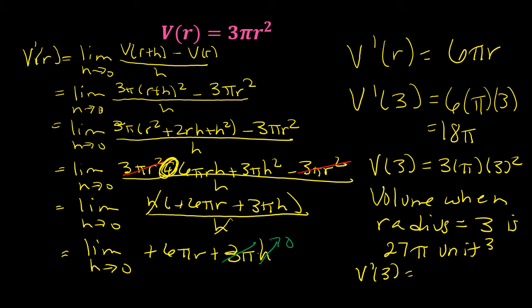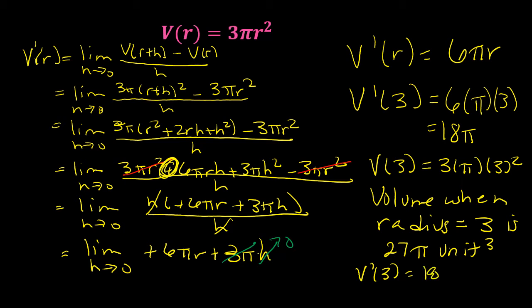So the volume, if you look at the original problem, the volume V of a right circular cylinder of height 3, find the instantaneous rate of change of the volume with respect to the radius at 3. So V prime of 3 is the rate at which the volume is changing when the radius is 3.